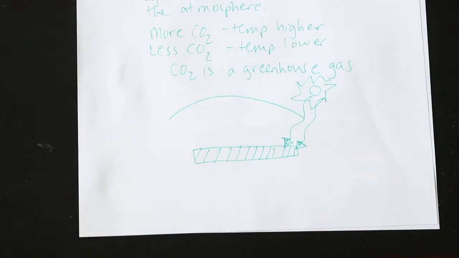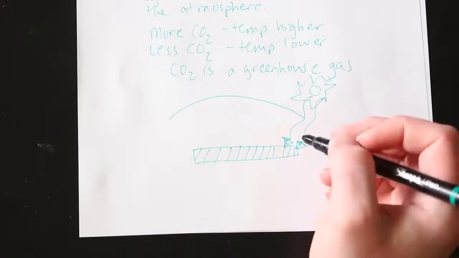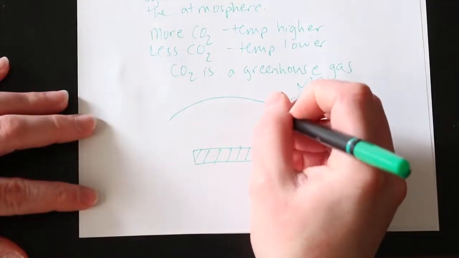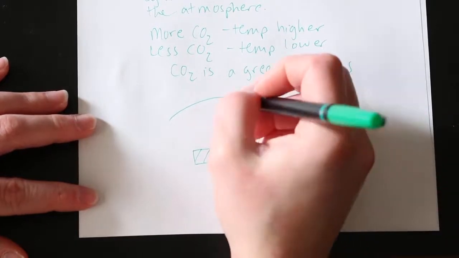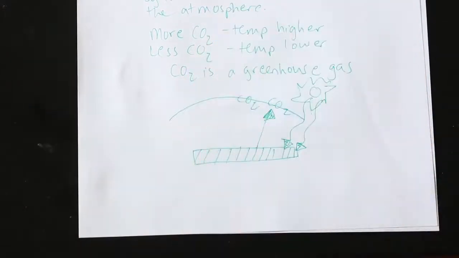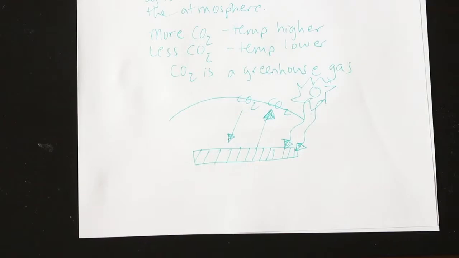A lot of this radiation from the sun is reflected from the Earth's surface back into the atmosphere. Then the CO2 in the atmosphere is going to absorb that infrared radiation and reflect it back onto the Earth. So this is like a greenhouse. Heat energy is coming in and not being allowed to escape because it's being trapped by the carbon dioxide.